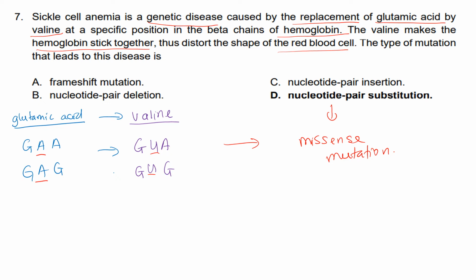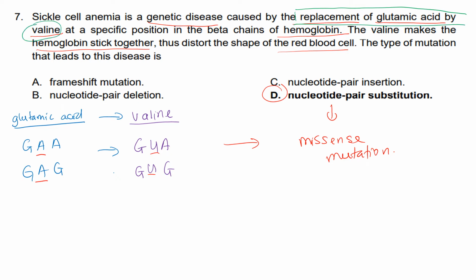The type of mutation that leads to this disease is, the answer is, nucleotide pair substitution. If you look at the question here, the key point you have to notice is the replacement of glutamic acid by valine.